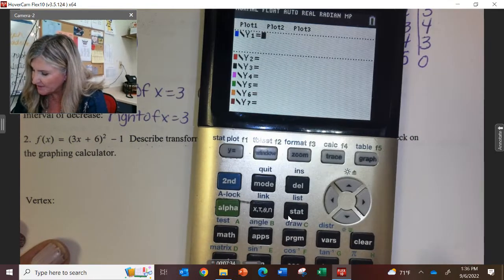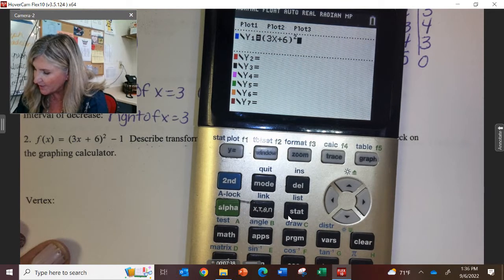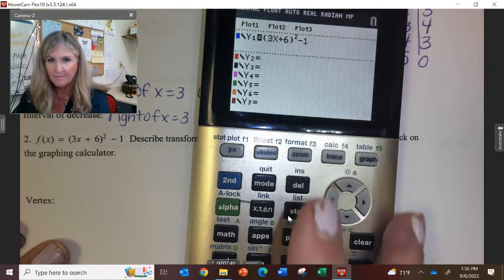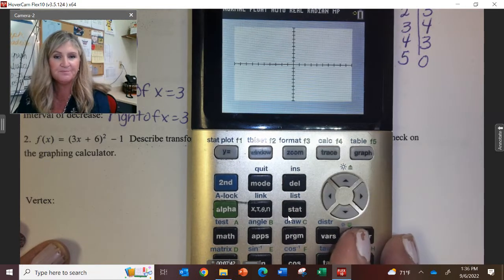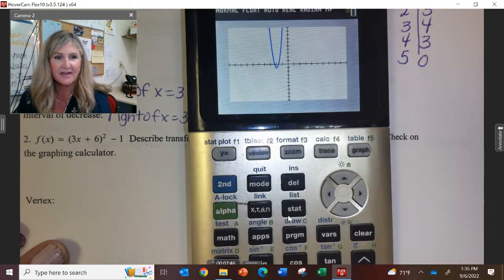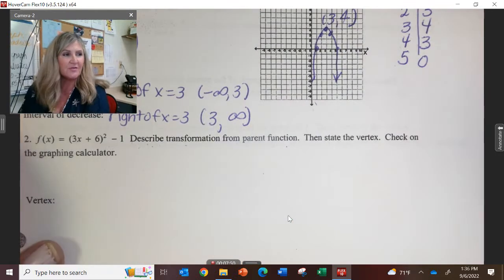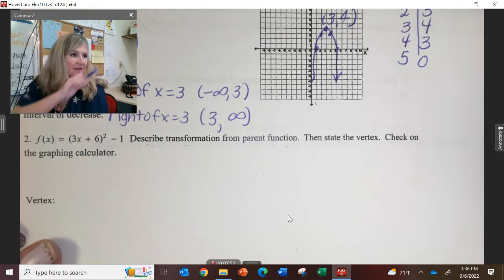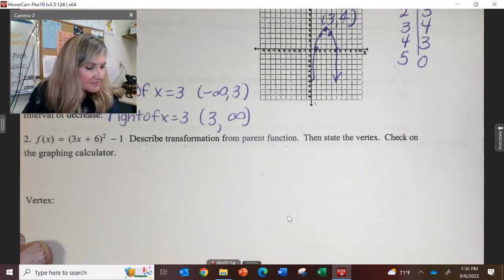I'm going to put it in. Parentheses 3x plus 6 squared minus 1. And I'm going to graph it. Is that vertex at -6? No. So what do you think the issue is then? Yeah. You have to factor out the 3.